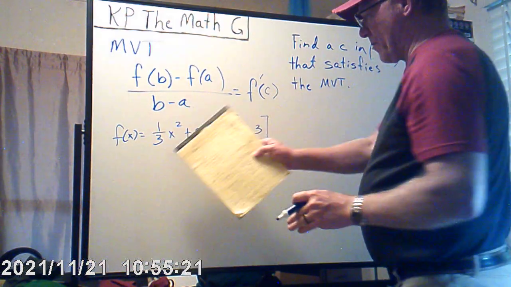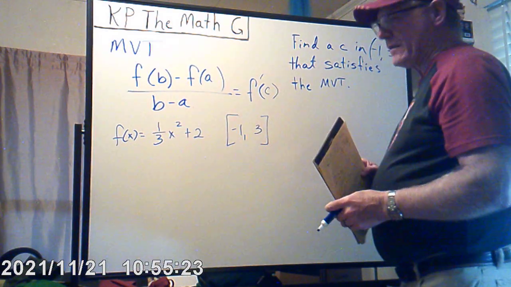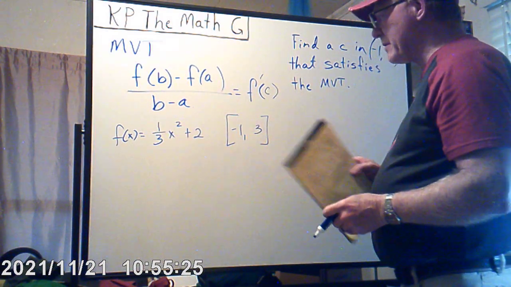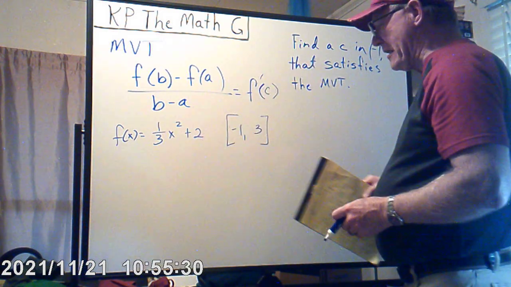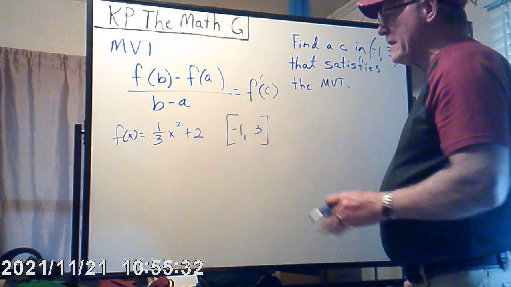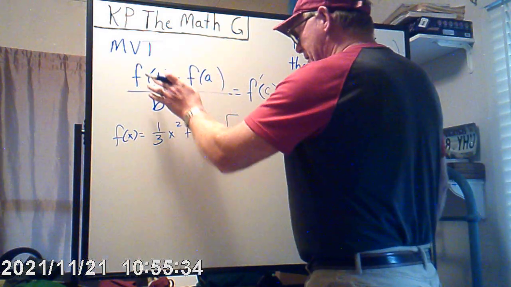Here's our problem that we're going to look at. We can do either one first. We can find L at C and see where that is. But let's do this now.